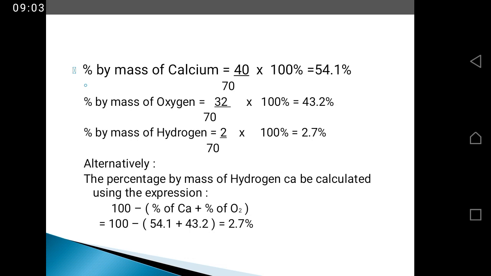If you add these two together, you're going to get a value. Precisely, 100 minus the sum of 54.1 plus 43.2, that is 97.3. So if you subtract 97.3 from 100, you're going to have 2.7%.